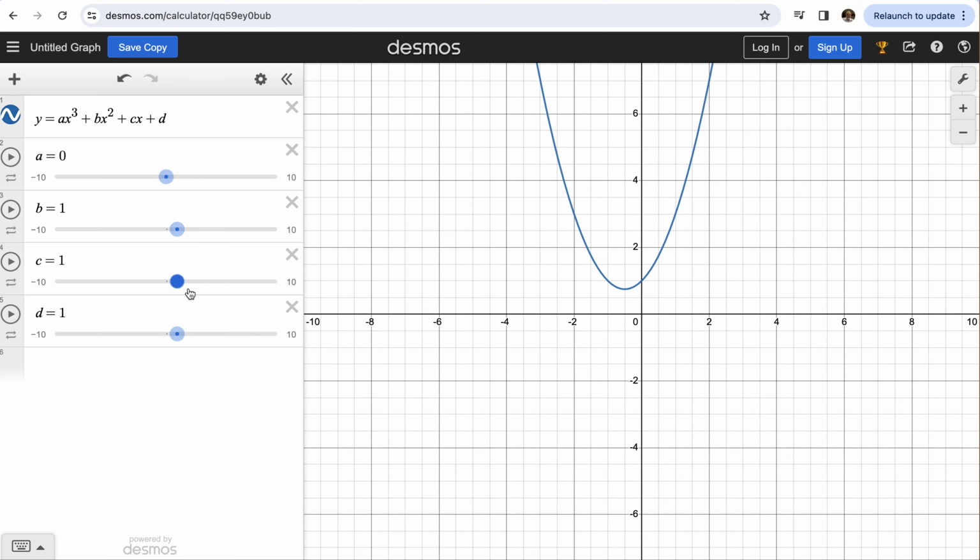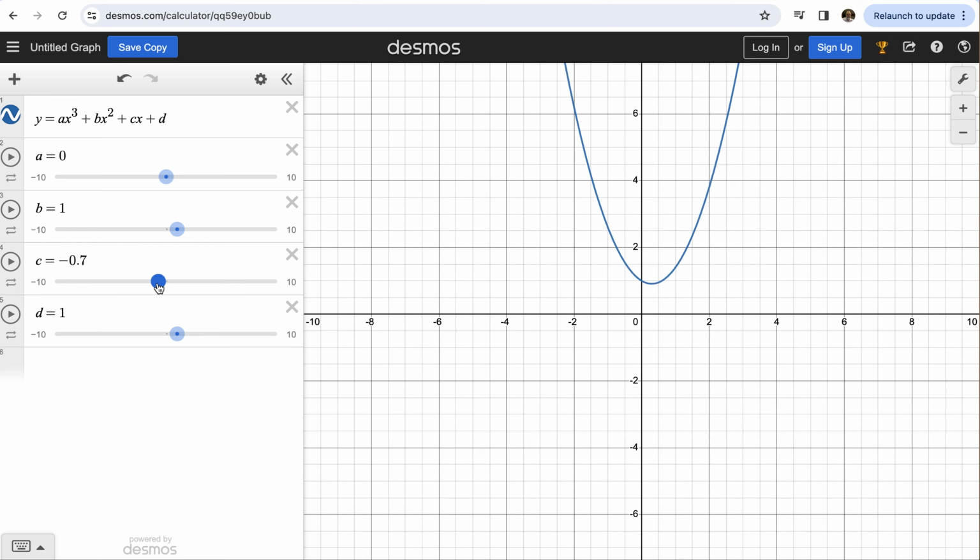Now the thing I want you to really notice is that even though that stays in the same place, the cx, the linear term, controls the slope right at that y-intercept. Right now, c is 1, which if these were all 0, it would be a line, and c would be the slope. If I make it 0 slope, it looks like it's slope of 0 at 1.